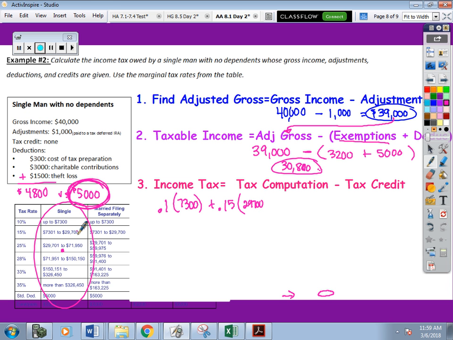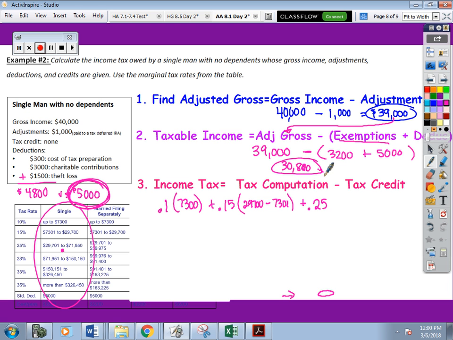Some students like to just subtract these and write the numbers there so that they always have it. We need to go into the 25% bracket, but again, you do not want to take 71,950 minus 29 because you don't make that much money. You only make 30,800.